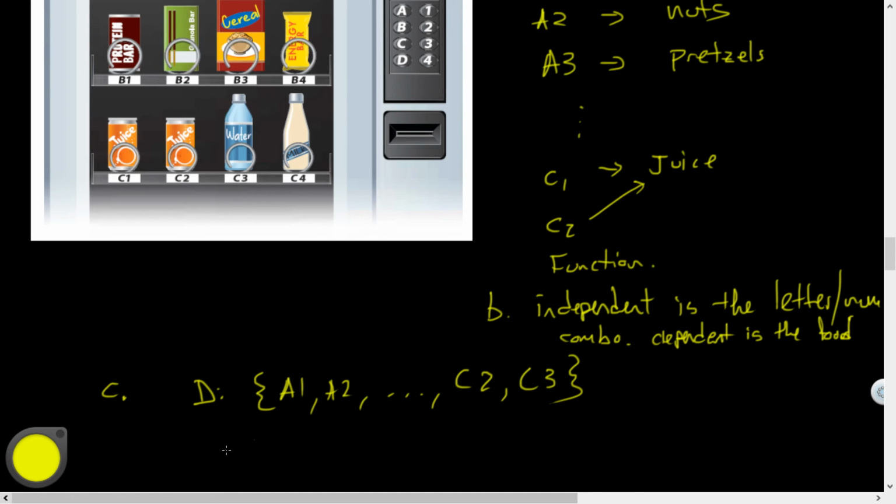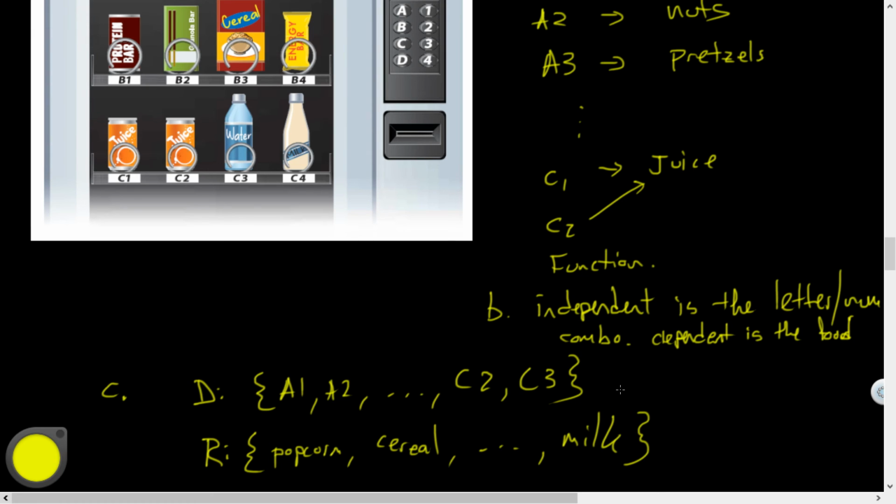It's all of those. And the range is going to be popcorn, cereal, everything all the way down to milk.